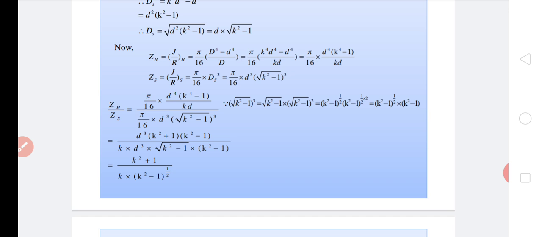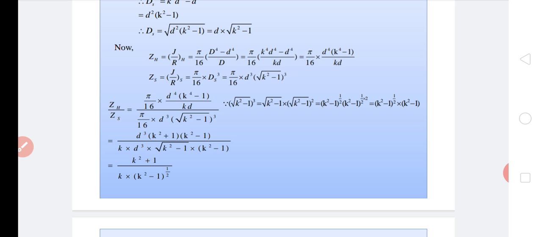So if we find the ratio, then we can get which is stronger than which. So ZH by ZS equals pi upon 16 into d to the power 4 into k to the power 4 minus 1 by upon kd, and by pi upon 16 into d cube into root over k square minus 1 to the power cube.